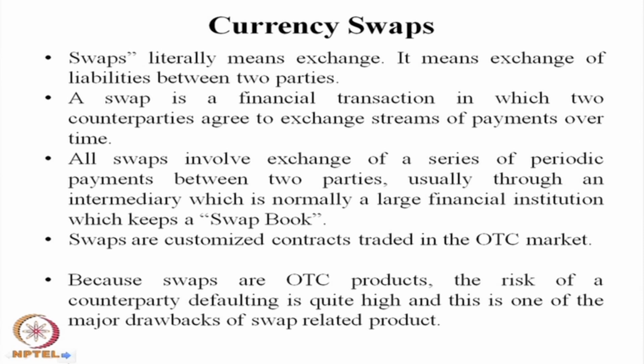This is one of the major drawbacks of swap transactions, whether it is an interest rate swap or currency swap. However, in many countries, the intermediary, which is generally a financial institution acting between two parties, provides some kind of counterparty guarantee, but that kind of counterparty guarantee by the intermediary is rarely available.